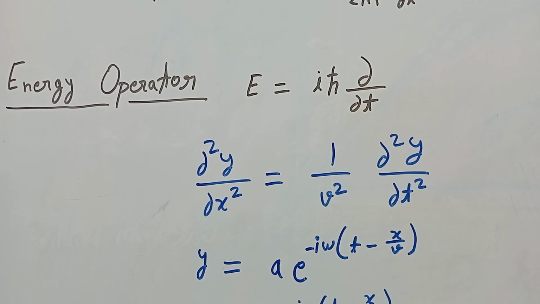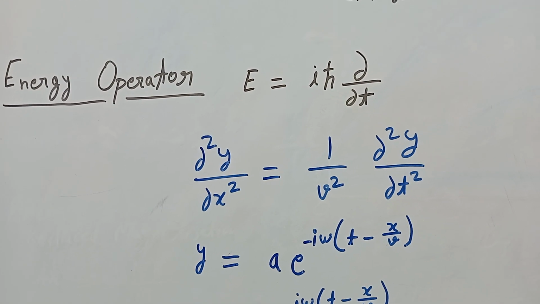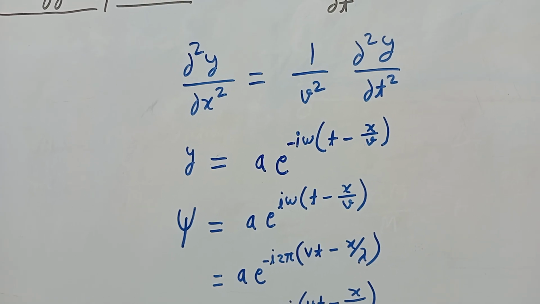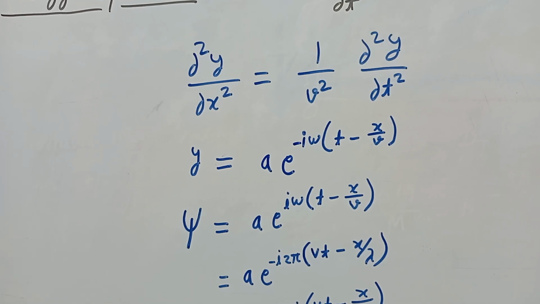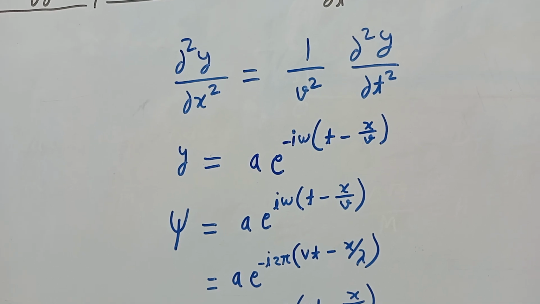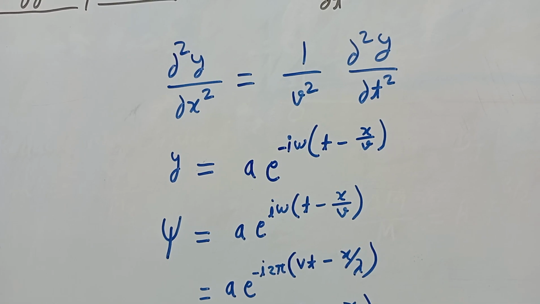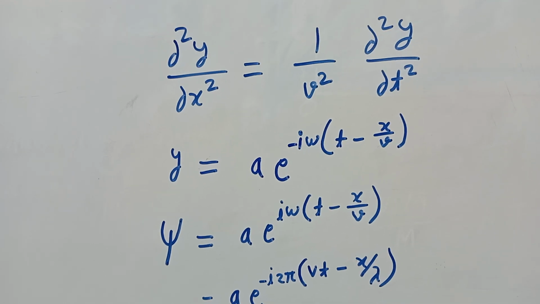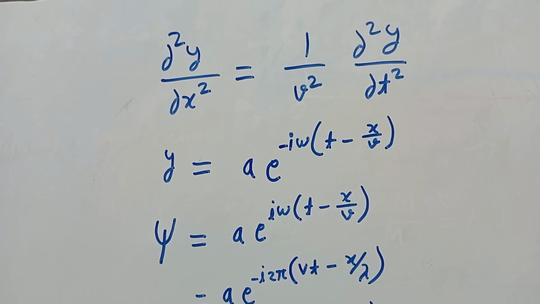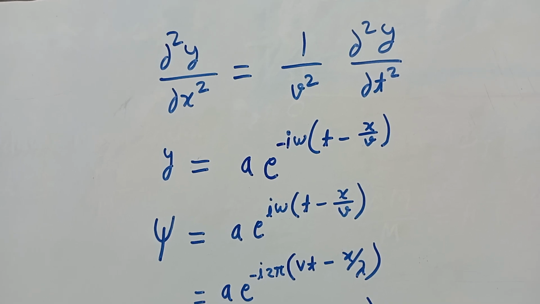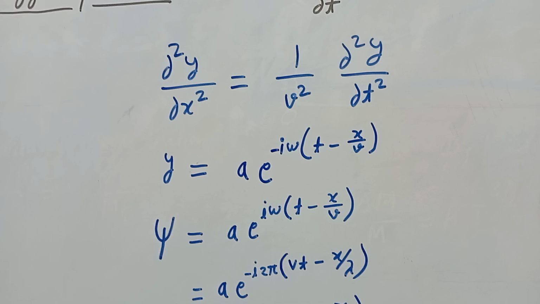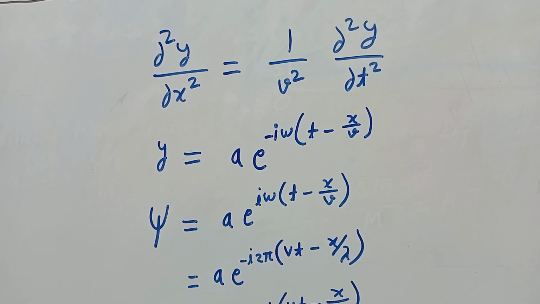Energy operator E equals i h cut del by del t. If we consider a particle moving in the x direction with velocity v, the equation of its motion can be written in the form of a double differential equation: del square y by del x square equals 1 upon v square del square y by del t square.